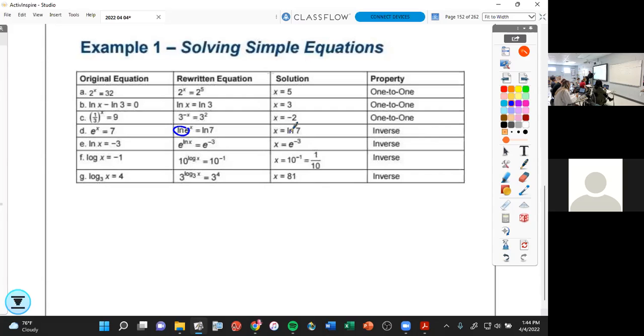If I make natural log an exponent and I make -3 an exponent on e, I exponentiated the problem. I made what I had an exponent. What is e to the natural log? It basically cancels. So x is equal to e to the -3. And the same is basically true for the rest of the problems. I'm going to walk through those. Y'all can look at those, and if you want to talk to me about it, come talk to me.